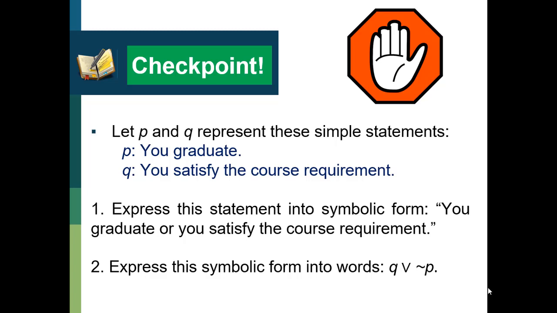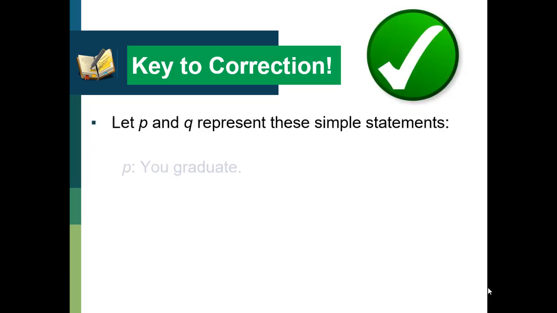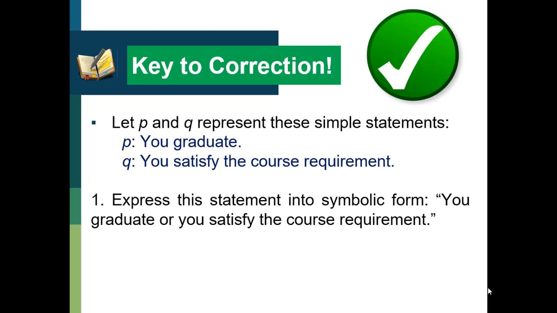Is that clear? I guess you have now your answers. For the first question, that is P or Q. It's just very simple. You just have to copy the first statement P, introduce or, and then since there's no alteration in the second statement, you just have to write Q. And that's the answer.